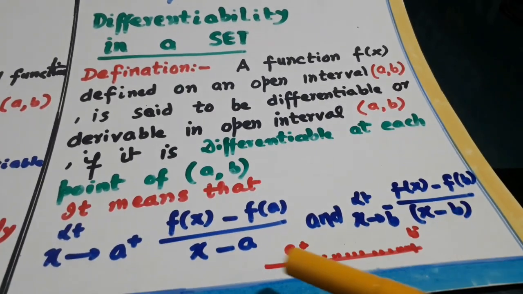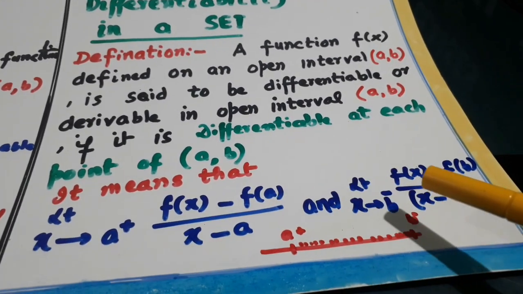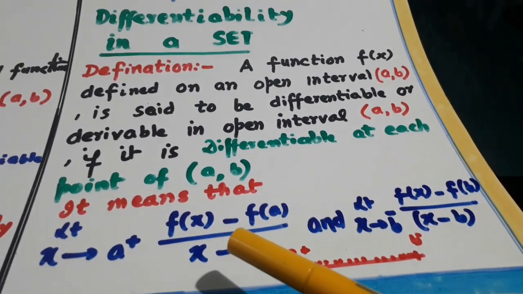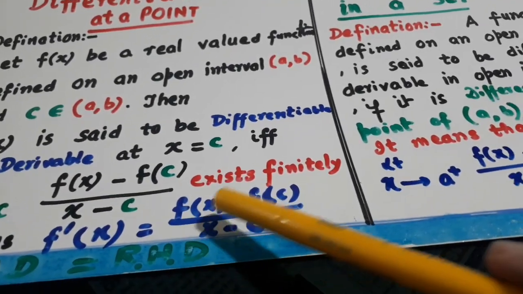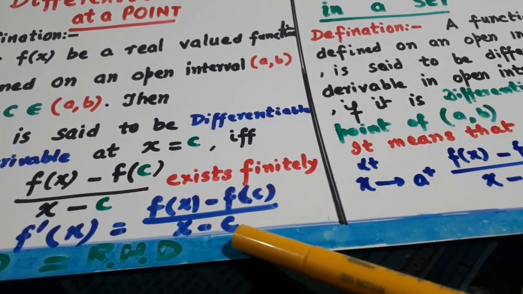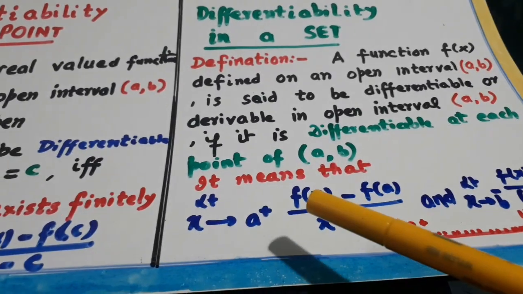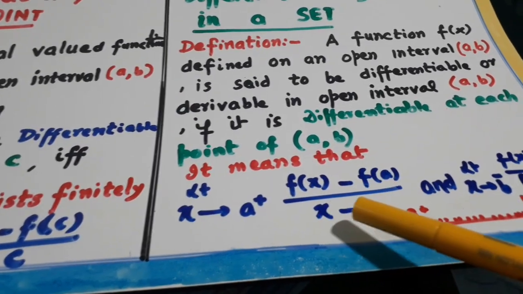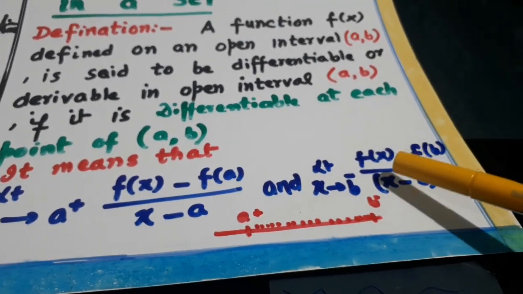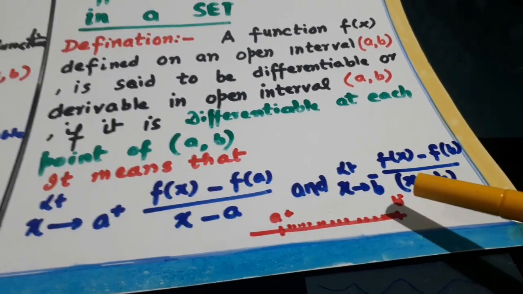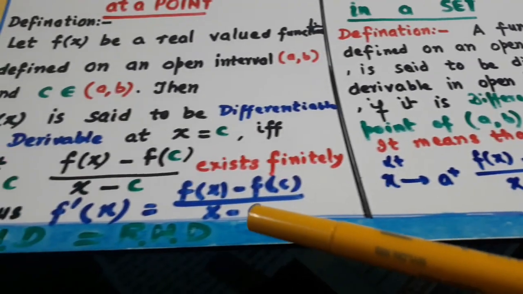Basically, these are the slopes of the tangent. This is also the slope. Change in value of y over change in value of x. Here also change in value of y over change in value of x. So these are basically the derivatives.